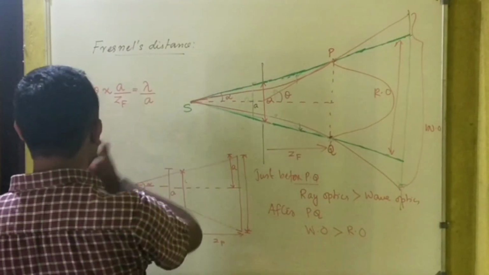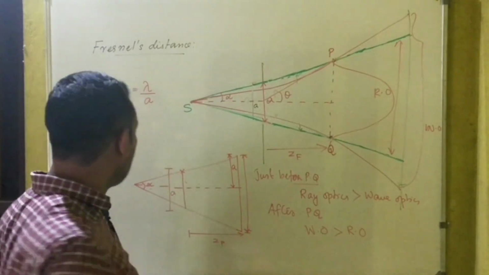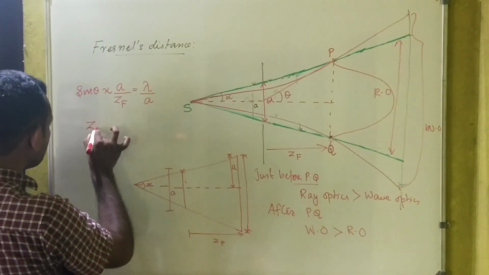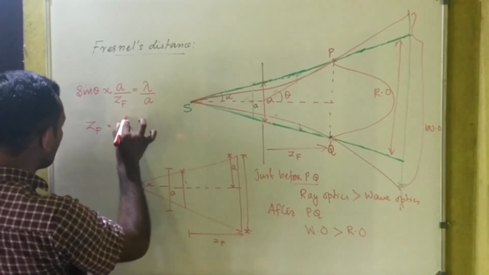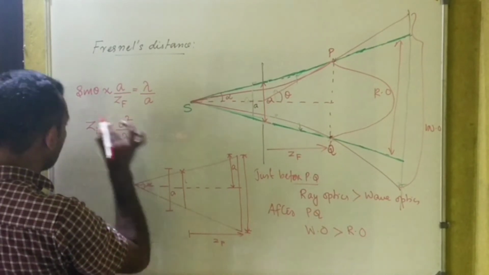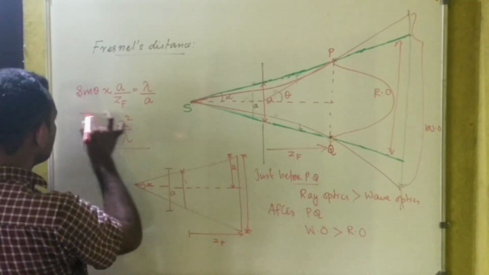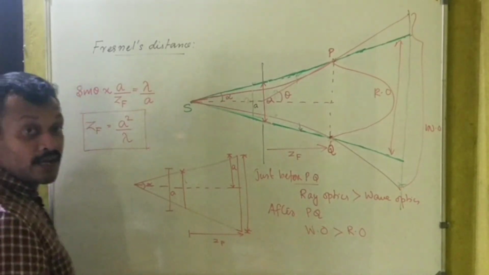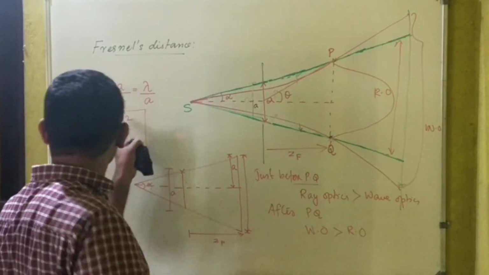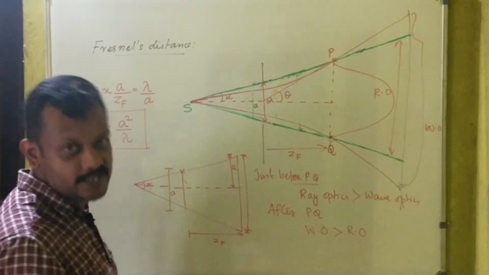Sine theta is A by ZF, that is equal to lambda by A. From here the Fresnel distance ZF I am going to get is A square divided by lambda. This is the expression for the Fresnel distance.